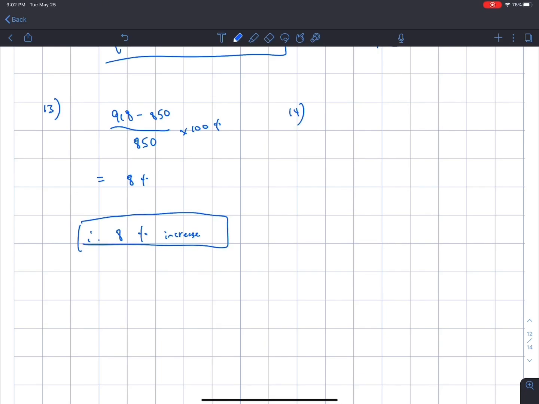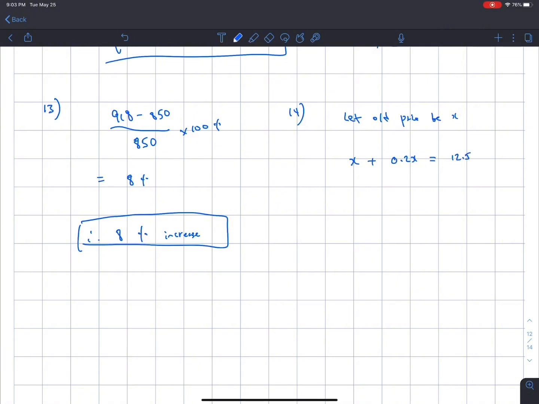14. The price of a movie increased by 20% to $12.50. What was the old price of seeing a movie? So if we let the old price be X, this is what we have. We have X plus 20% of X, so 0.2X, equals $12.50.